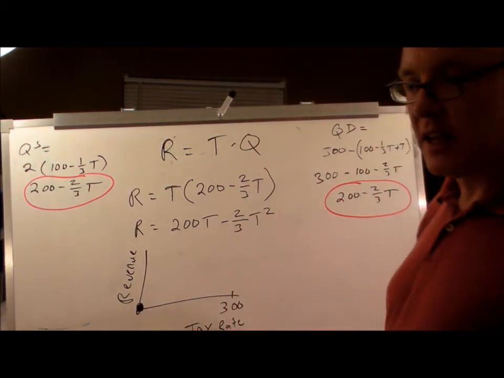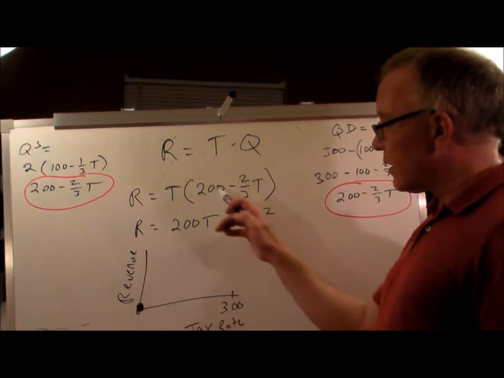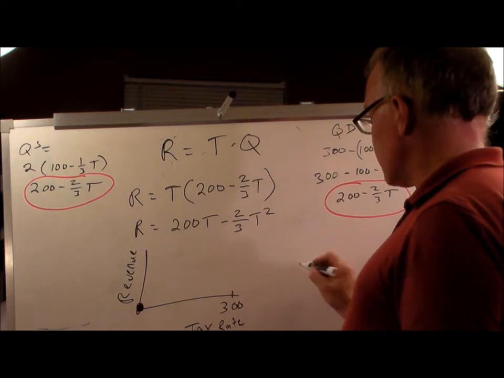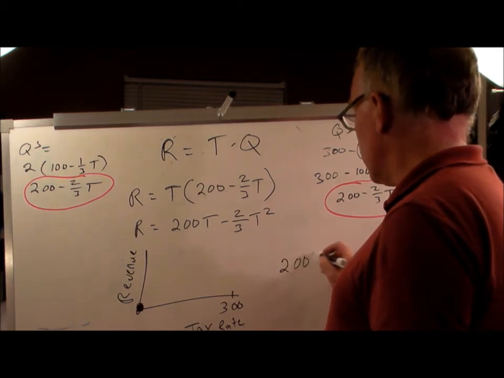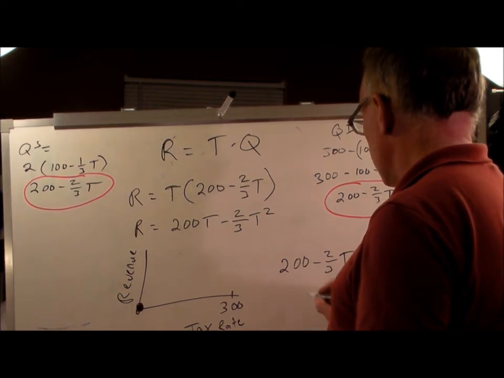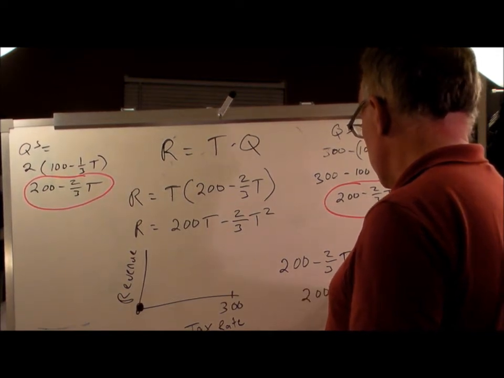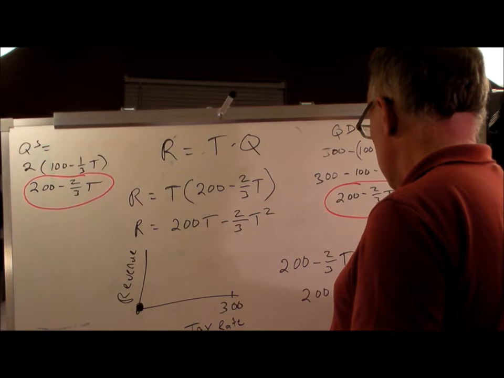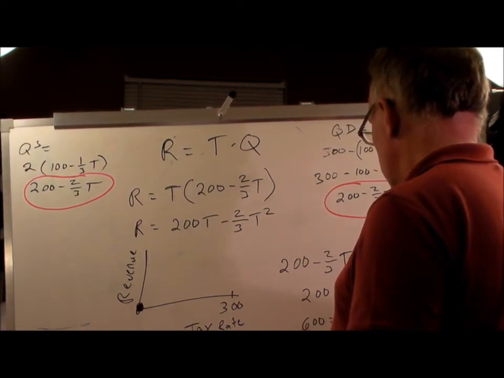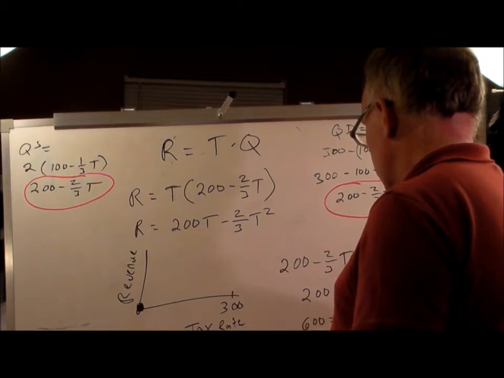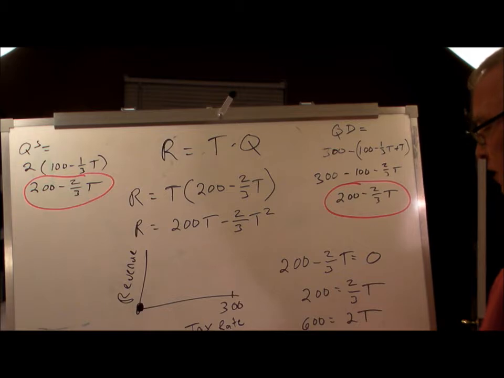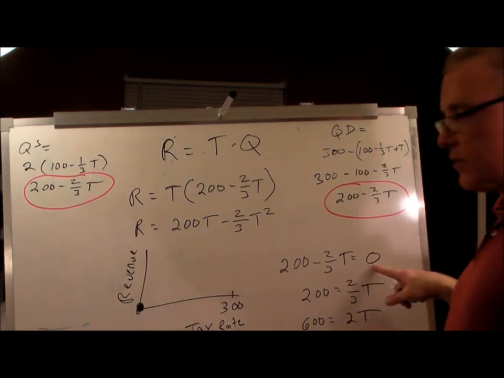That really makes sense. Now, we can think about this part. What if this part were 0? Then also we would have 0 tax revenue. So we can just figure that out here. 200 minus 2/3 T equals 0, which means that 200 equals 2/3 T, which means 600 equals 2T, which means 300 equals T. So we realize that when T equals 300, we're also going to have zero revenue.